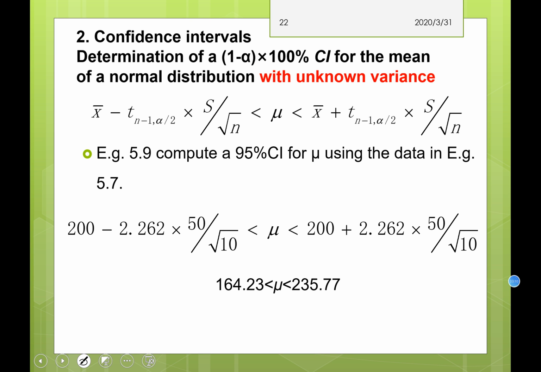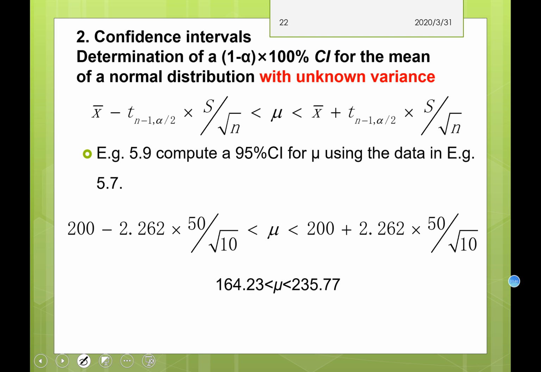And next, that is the same as what happened in the z-test. Just now we used the t-test for hypothesis testing, and next we can use the t-test to estimate confidence intervals. Okay, so here is the determination of a 1 minus alpha confidence interval for the mean of a normal distribution with unknown variance.